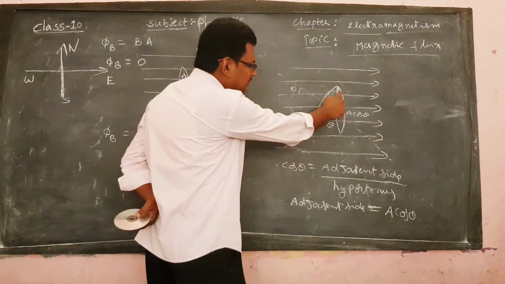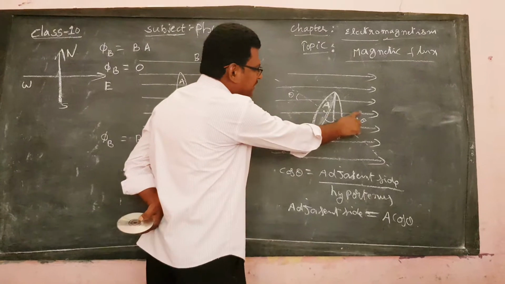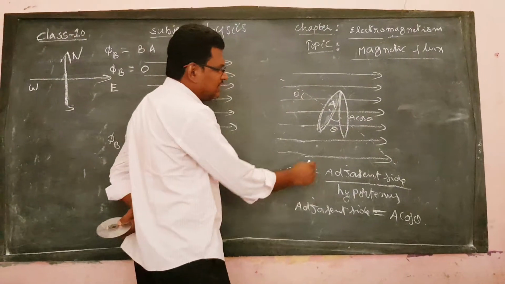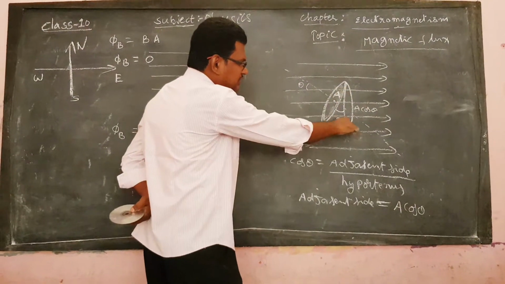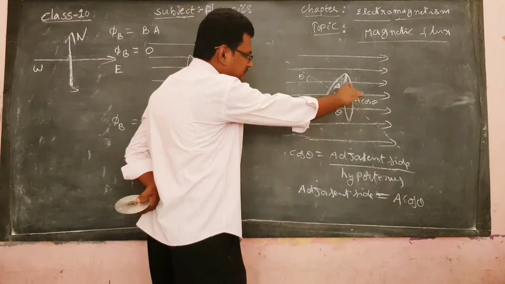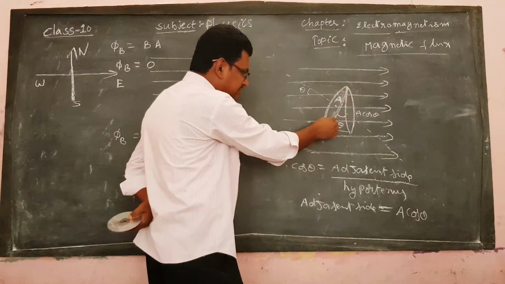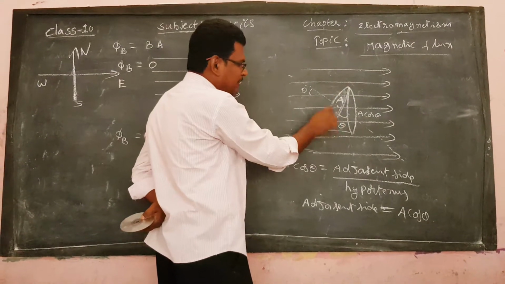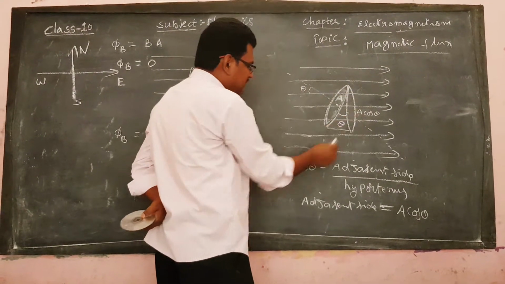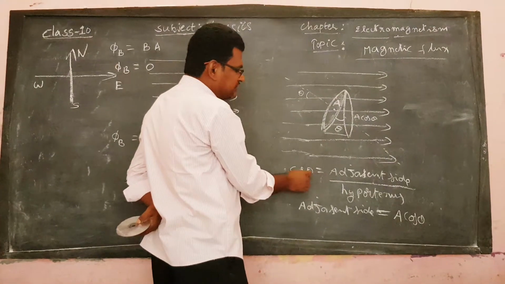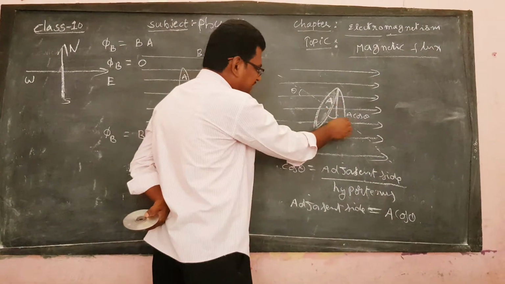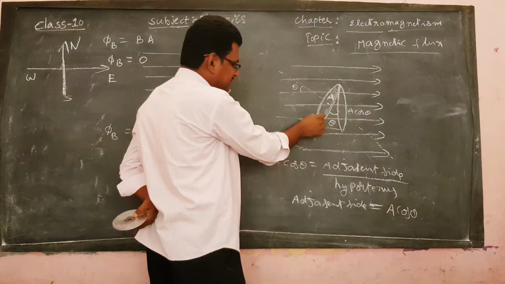Now we want the surface area perpendicular to the magnetic field. Let's take this as the adjacent side, this as the opposite side, and this as the hypotenuse. To get the adjacent side, let's take cos theta. Cos theta is equal to adjacent side by hypotenuse.